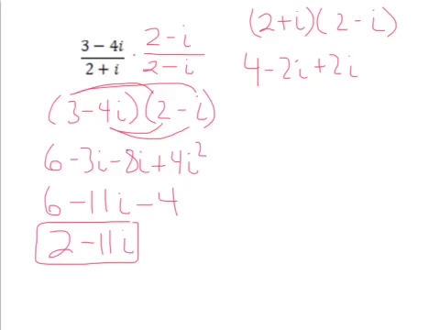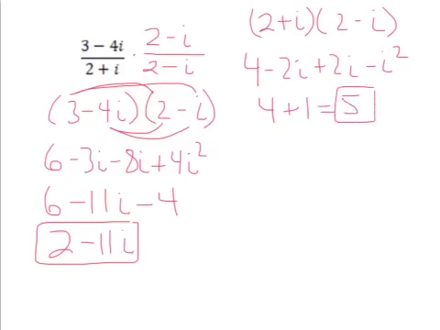That's always going to happen as long as you have multiplied by the correct conjugate. As long as you did 2 plus i and 2 minus i, you have the correct conjugate, it's going to work out nicely. Minus i squared. So I'm left with 4, and then i squared is negative 1, so negative negative makes it positive 1, so that gives me 5. So this is my denominator.